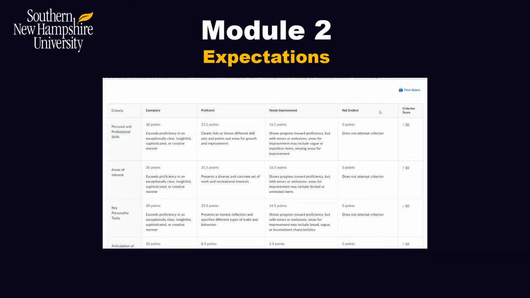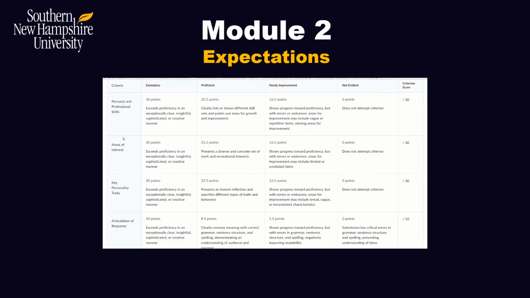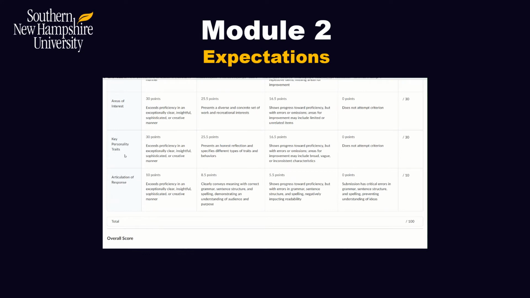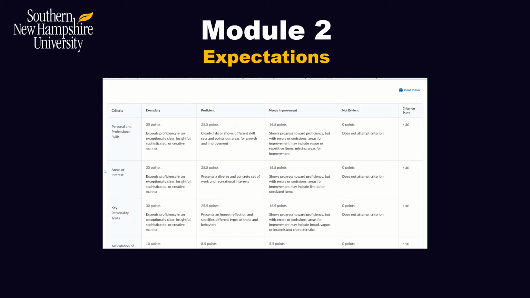So to explain this a little bit more, your assignment is going to be to put together a mind map, okay? And as you look at your criteria here, you'll see personal and professional skills, areas of interest, key personality traits. So those are the three overarching criteria that you're going to be diagramming this week.